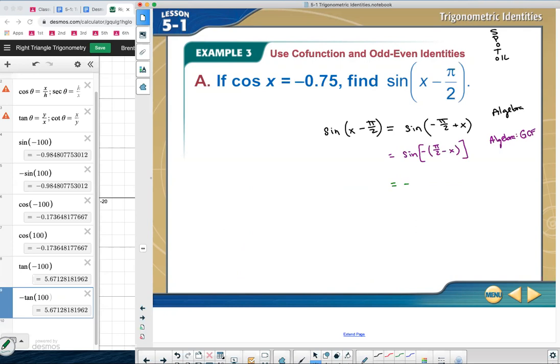That's equal to negative sine positive theta. What I did, I took the negative out and I moved it out front. That's because sine is odd, but what it'll say on the drop down is odd even identity. Sine is odd. So I'll underline it just so you know, it's odd.